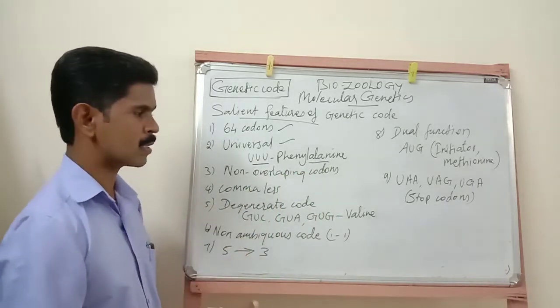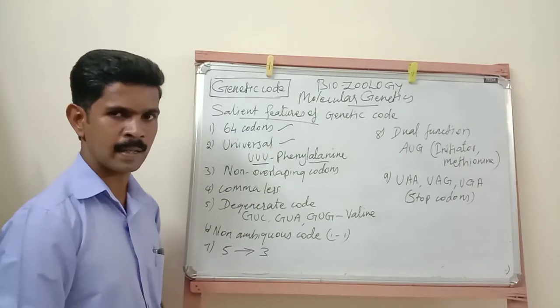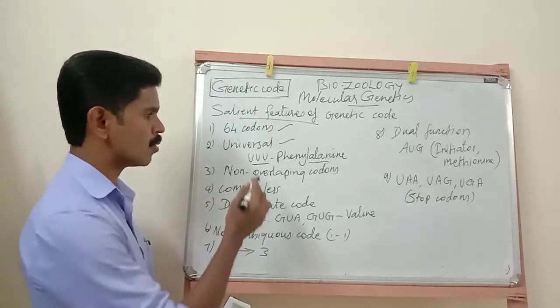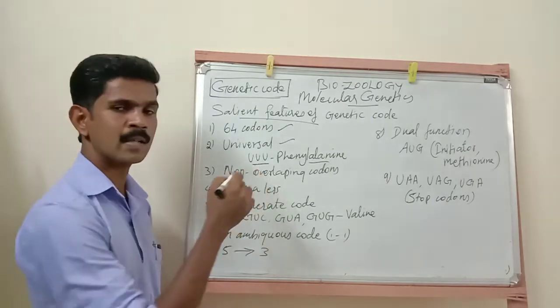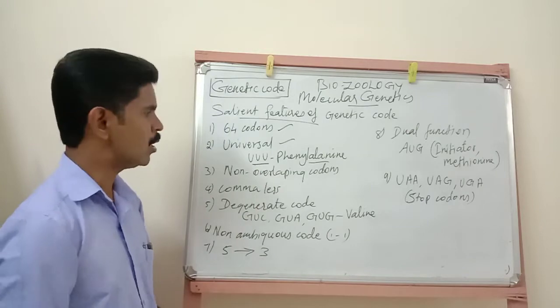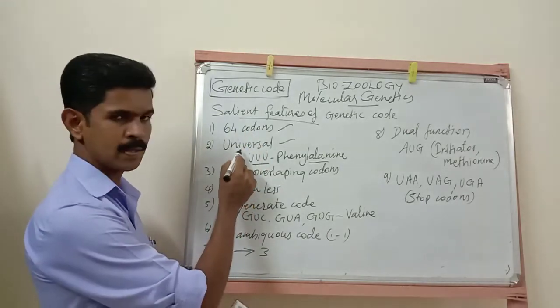In every organism, this codon codes for phenylalanine. But some exceptions are there. In prokaryotes, these codons are involved in chloroplast production. So the second salient feature of the genetic code is universality.